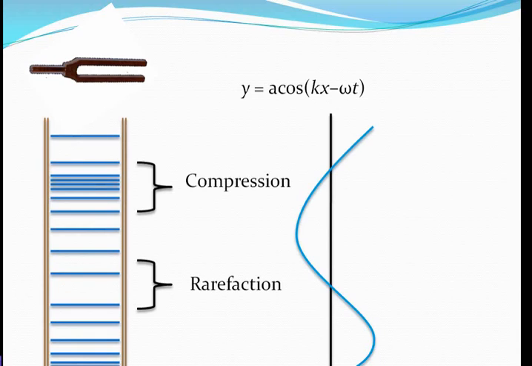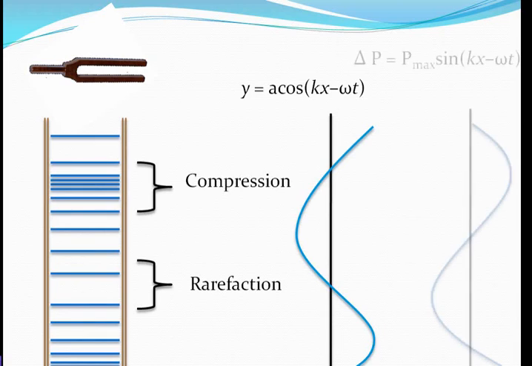I know you might have forgotten, so I'll remind you. Delta P equal to P max sin kx minus omega t. Why sin? Because displacement is cos. And P max, remember we studied that P max was equal to BAK, where B was the bulk modulus, A was the amplitude of vibration of the wave, and K was 2 pi by lambda. Even if you have forgotten, you can refer back to that chapter again.